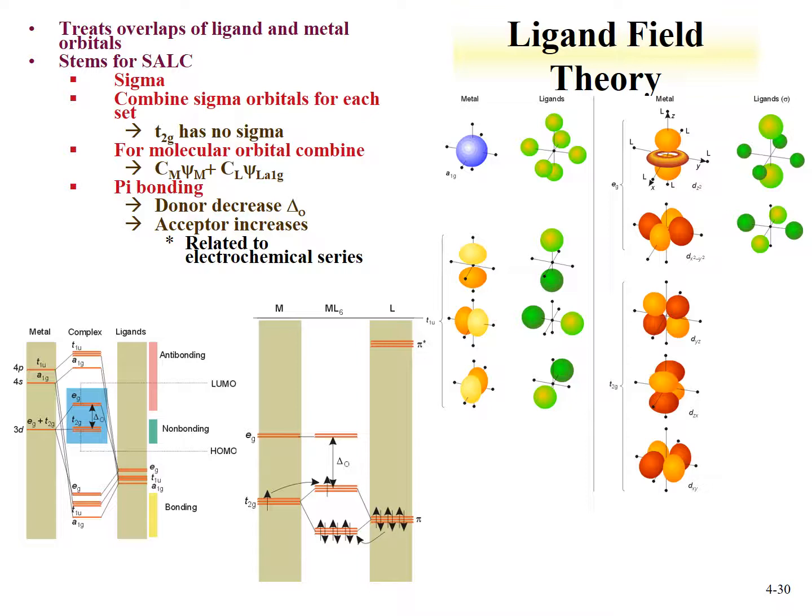And here's a detail of a molecular orbital that's described from this ligand field theory, where we have sigma and Eg, T2g orbitals, along with the crystal field splitting parameters, and whether or not these are bonding, non-bonding, or anti-bonding orbitals.